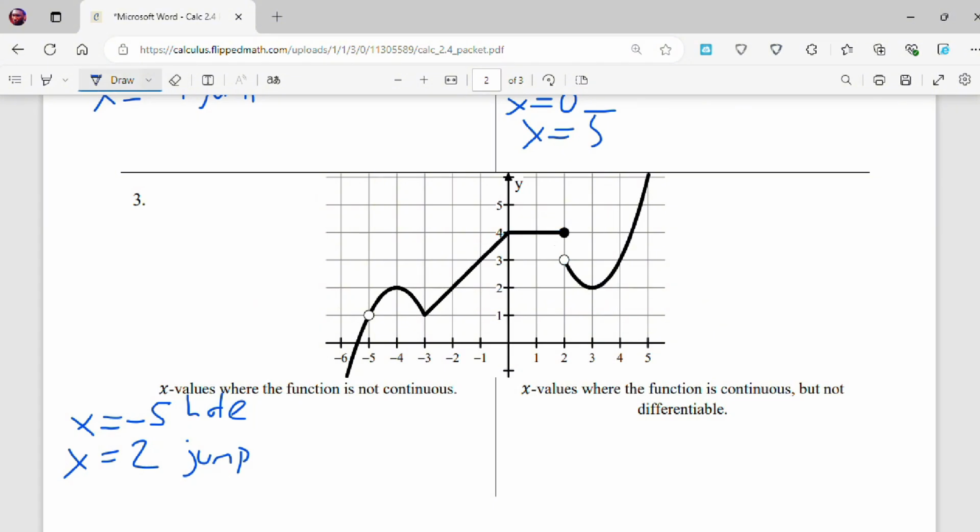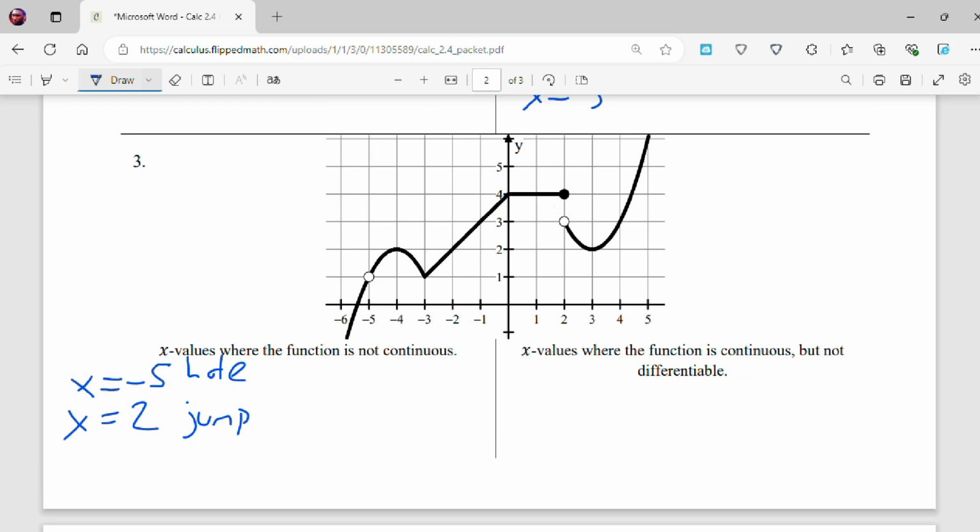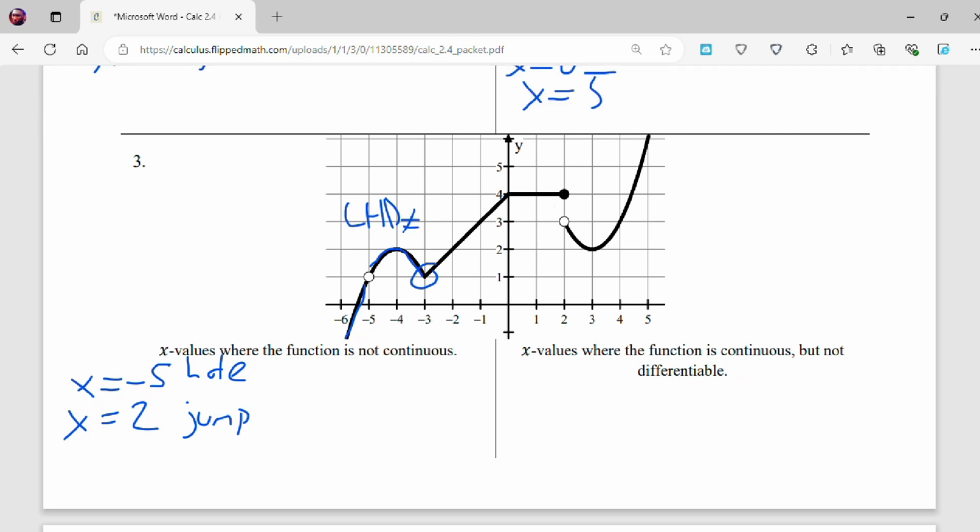Okay. And then continuous but not differentiable. So left to right, that seems good. And we have another corner. So again, our left-hand derivative is not equal to our right-hand derivative.